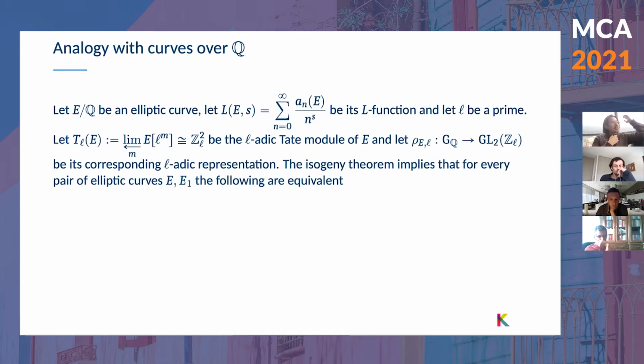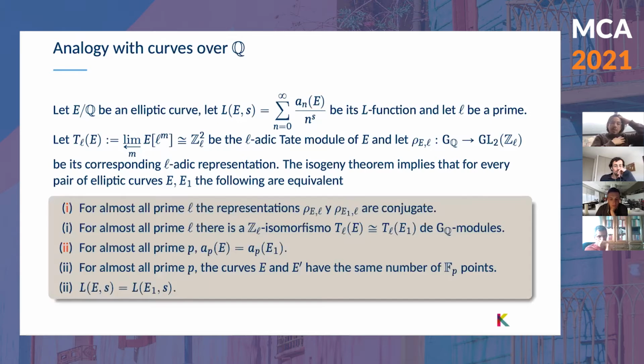Taking a prime, the isogeny theorem implies that the representations are conjugate, the Tate modules are isomorphic, and for almost all primes p, the coefficients a_p of the elliptic curves are the same. This is equivalent to saying that the numbers of F_p points of the curves are the same and the L functions are the same. So we have this classic theorem on Galois representations of elliptic curves.